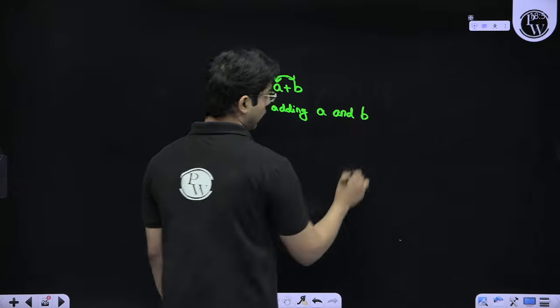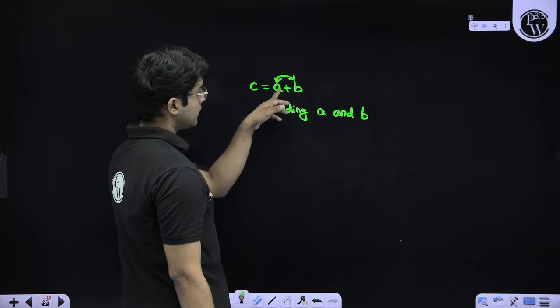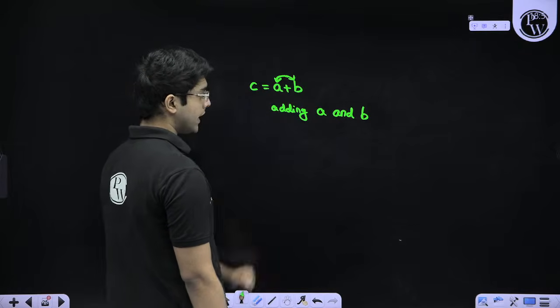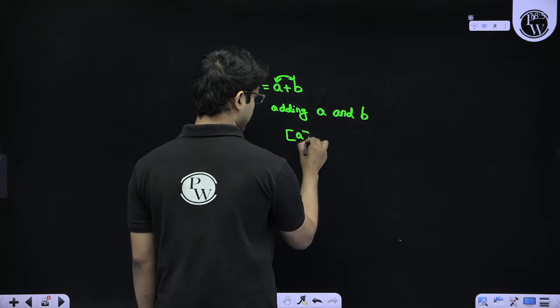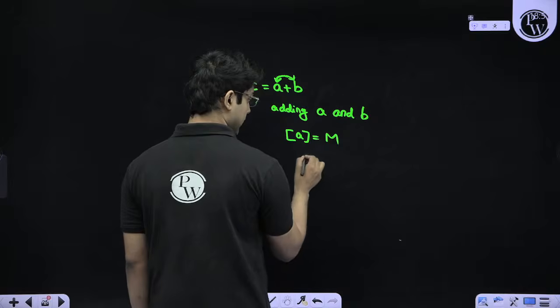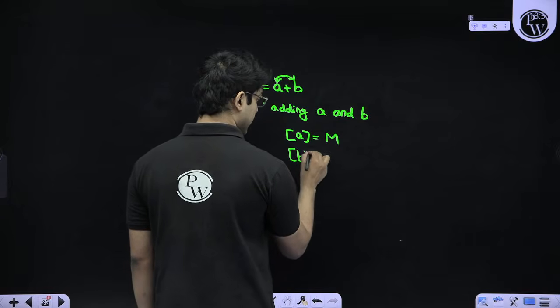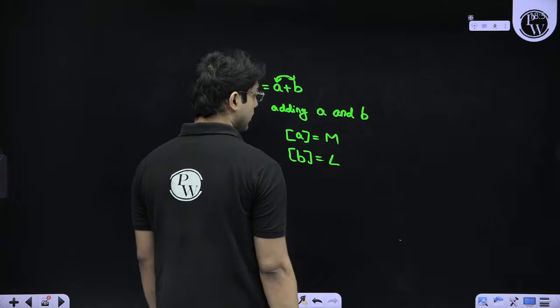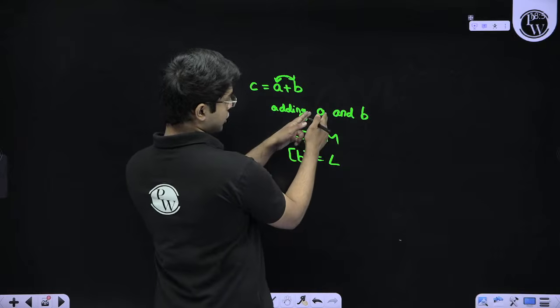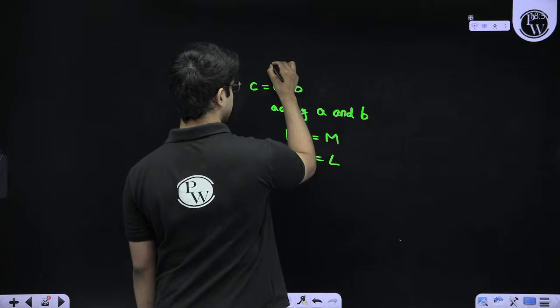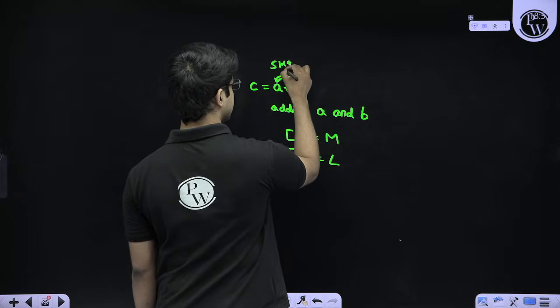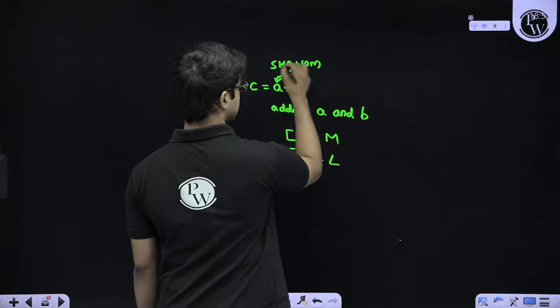Now, we cannot add a mass measurement to a length measurement, right? So, like for example, let's say the dimension of A is mass, okay, m raised to 1, and dimension of B is L, which is the length. Adding a mass measurement like 5 kg to a length measurement like 10 meters does not make sense, right? If you add 5 kg to 10 meters, this is meaningless, right?